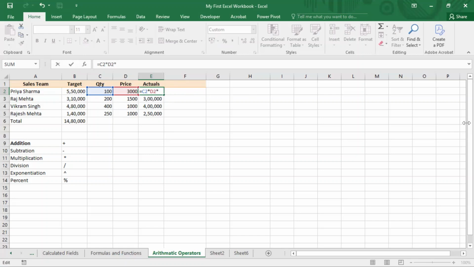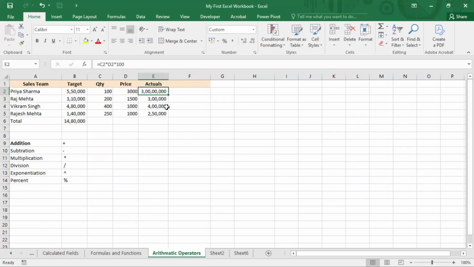Suppose I want to multiply it further by 100, I can do that as well. But I'll not do that, as that will give me an incorrect answer. Okay, so we have seen how multiplication is to be done.